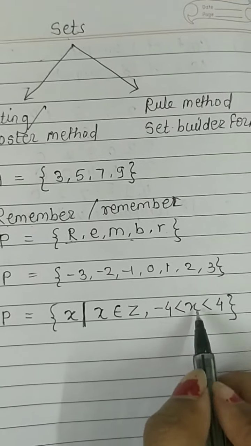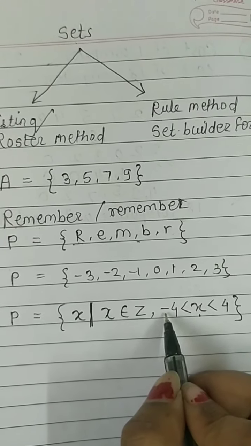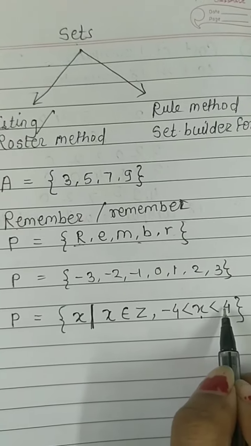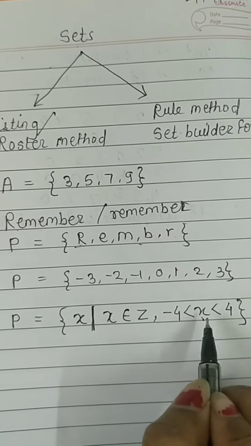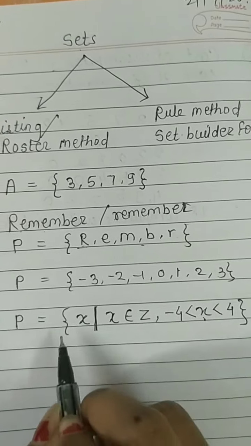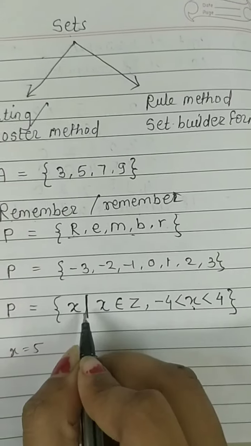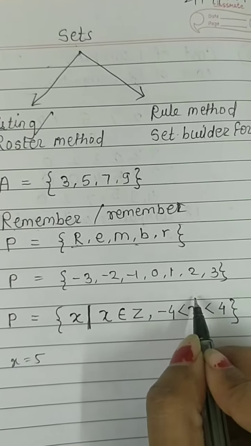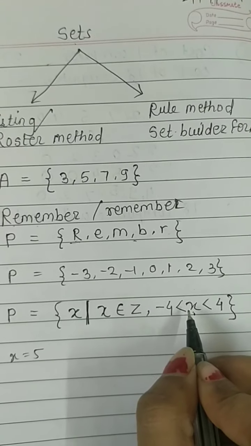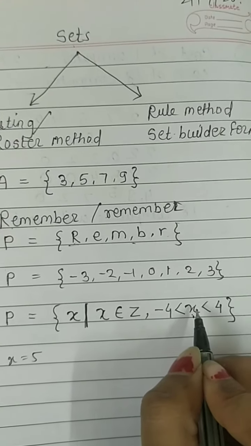Now if I take the value of 2 here, 2 is greater than -4 and it is less than 4. Now if my x is equal to 5, can it be a part of this set? x is not less than 4.